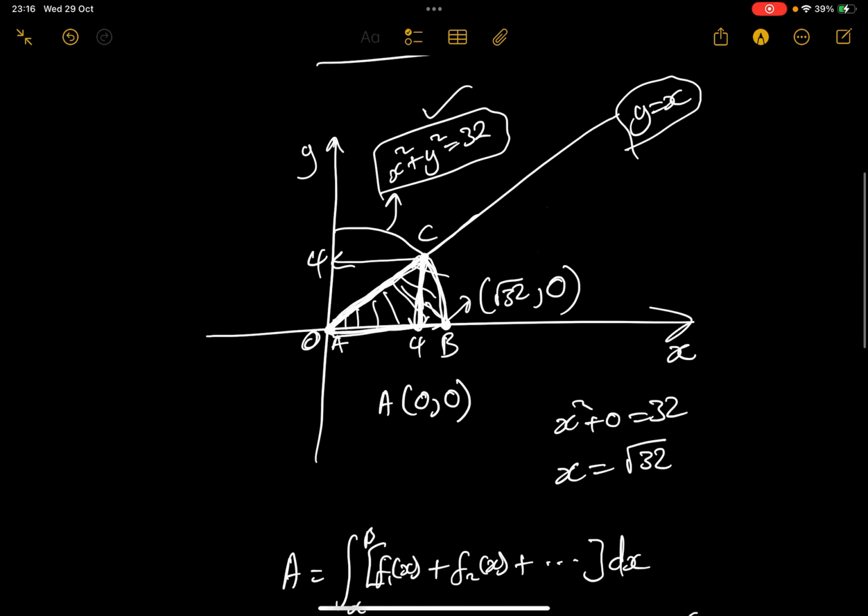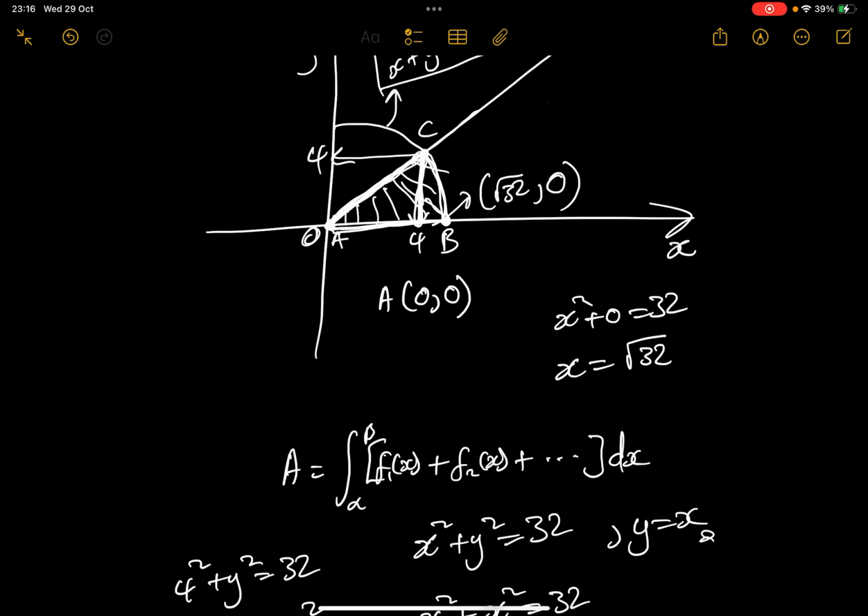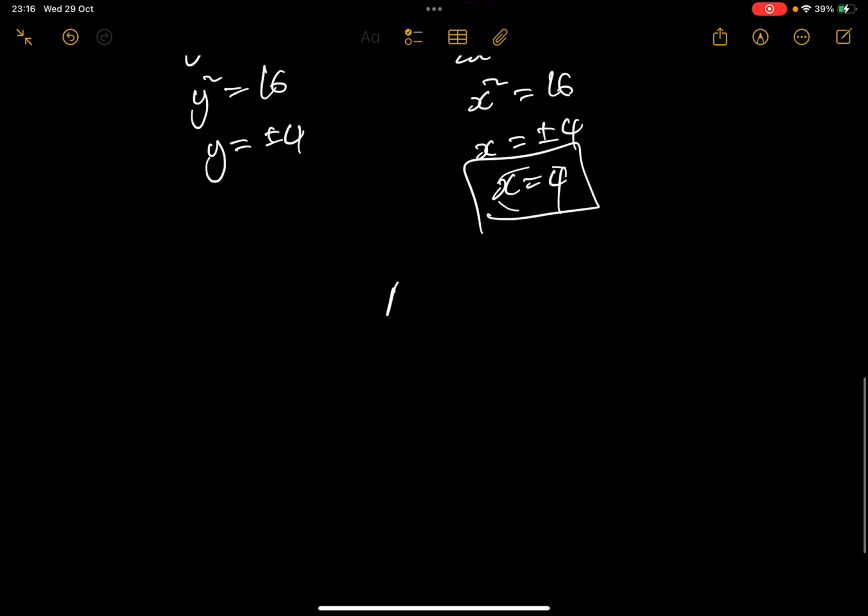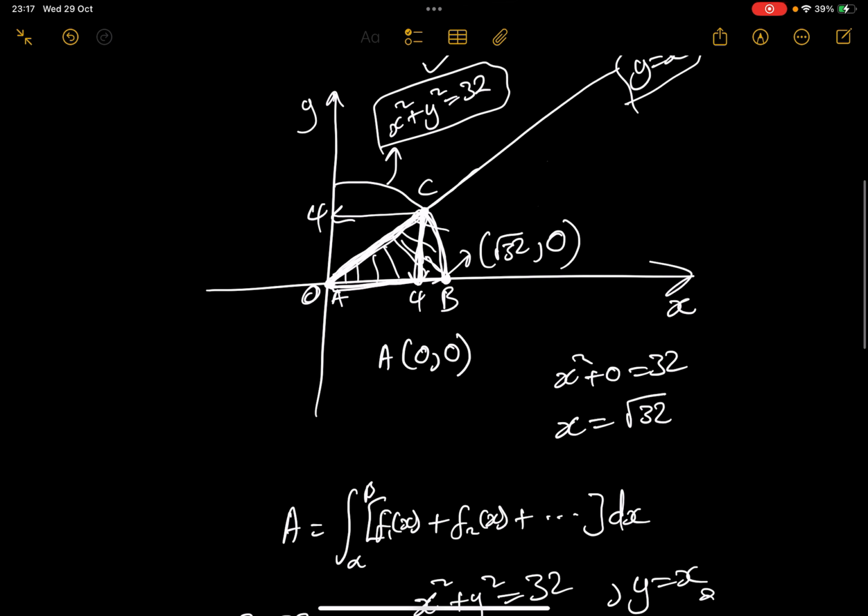Which means the area of the shaded region is the area of the triangle that we formulated, plus the area of this triangle, or you could just say the area under the line y equals x between 0 and 4, either way.